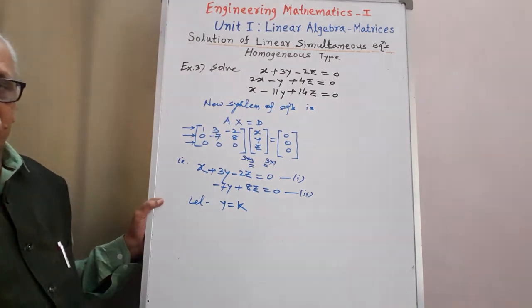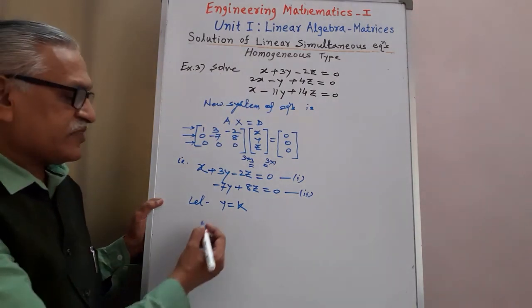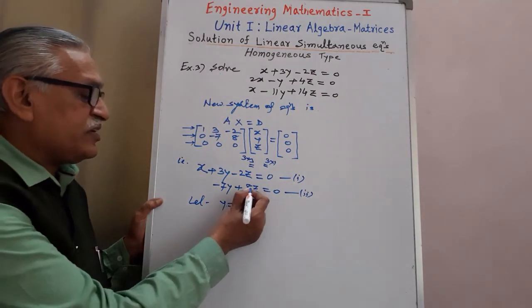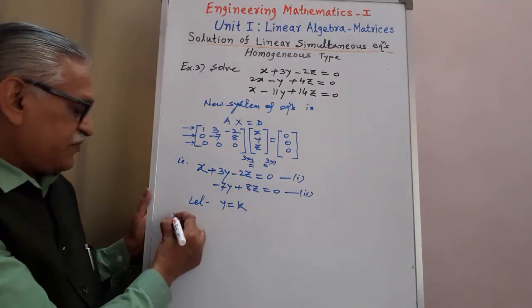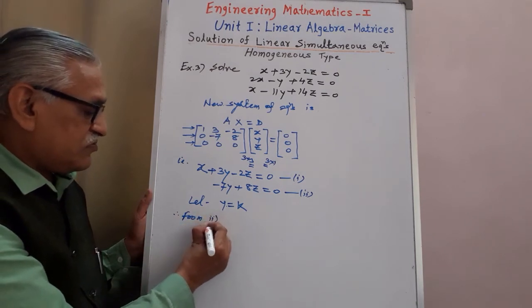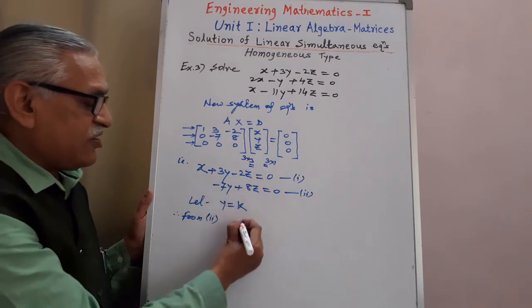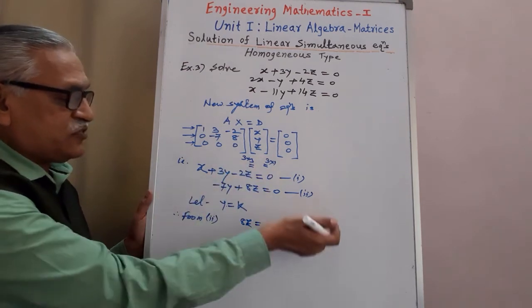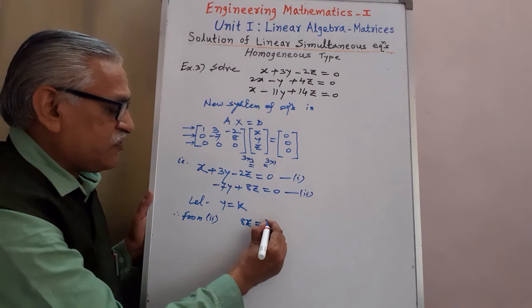For any one we can consider a non-zero scalar quantity k. Substituting this value in equation 2, from 2 we get the value of 8z equals, transferring this to the other side, plus 7y.